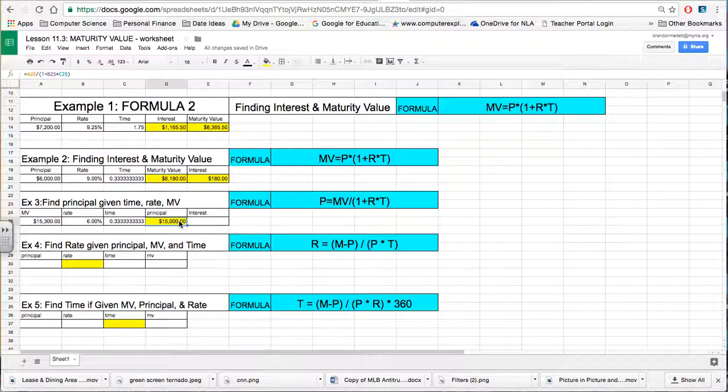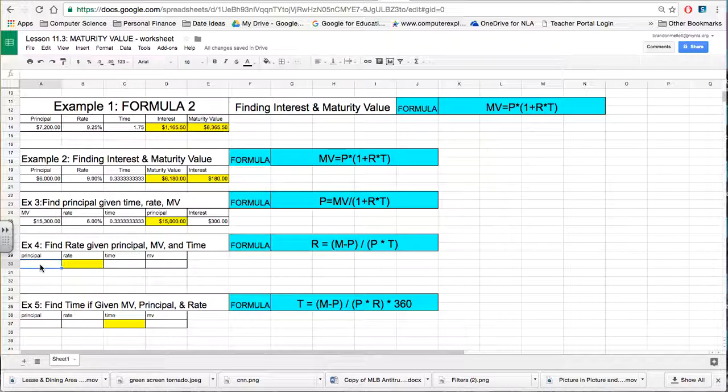So in order to reach $15,300 in 4 months at 6%, we would need $15,000 to do so. If they ask us to find the interest, we could simply take the maturity value minus principal. There's our interest. All right, moving on.